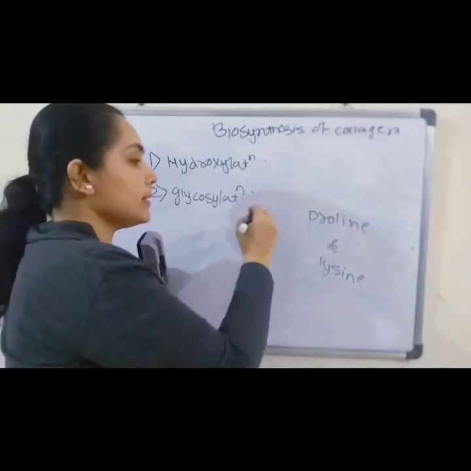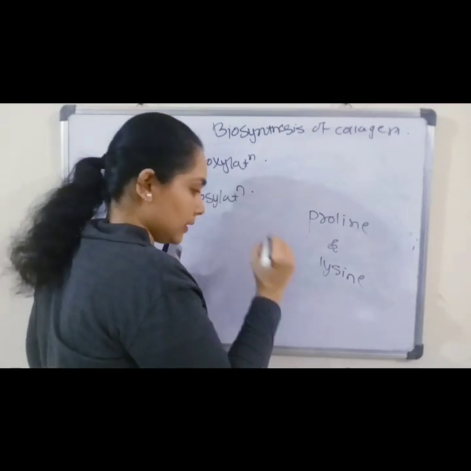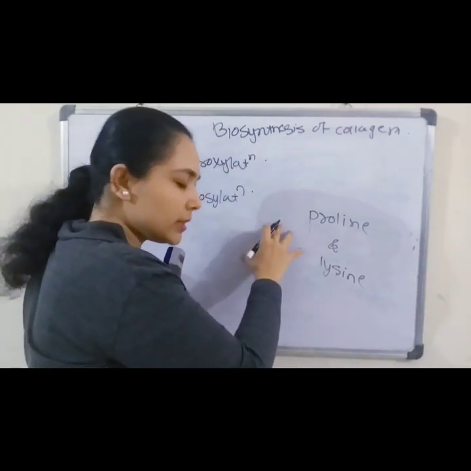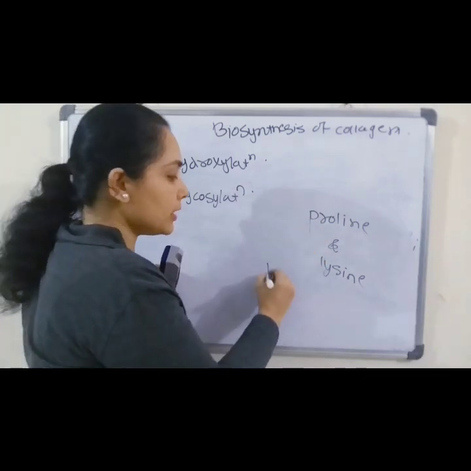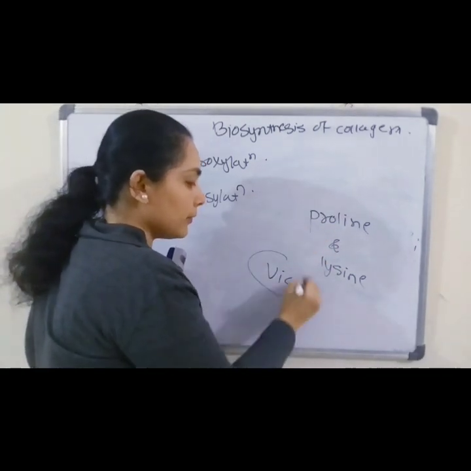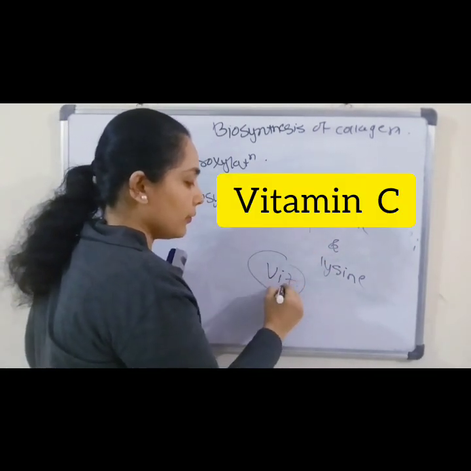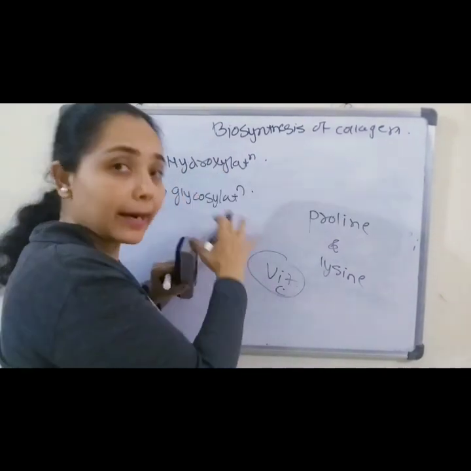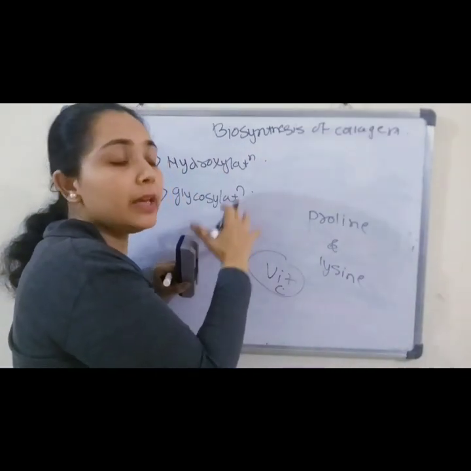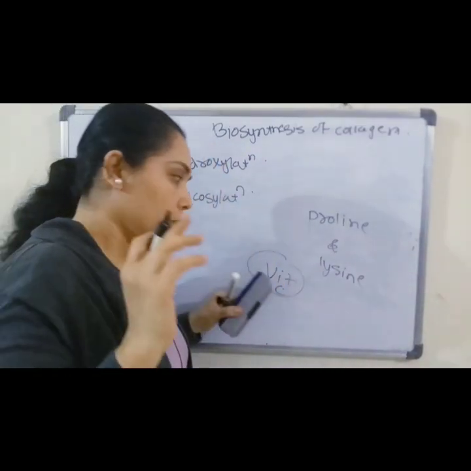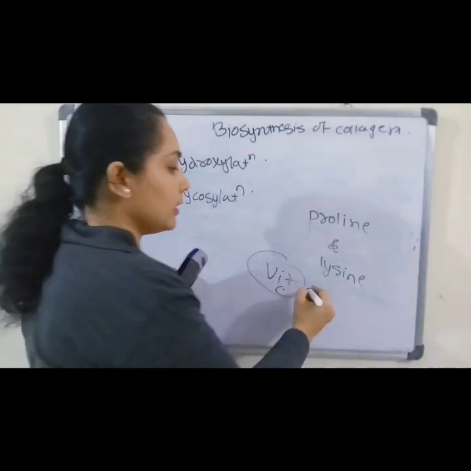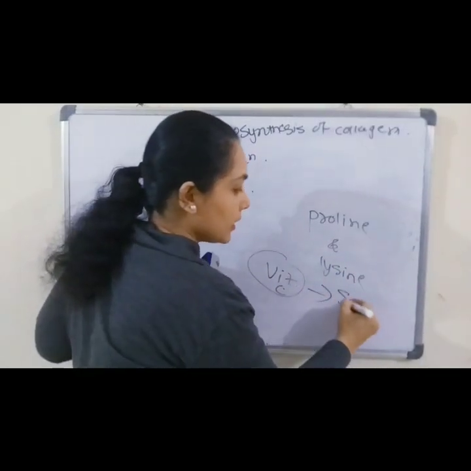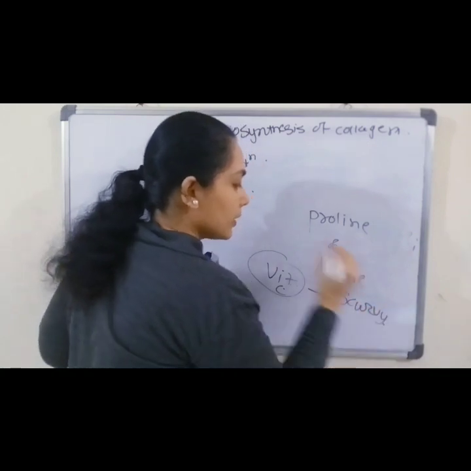For this process, hydroxylation, to take place, vitamin C is required. Vitamin C is very important for this step to occur. Therefore, due to the deficiency of vitamin C, there can be one disease that is known as scurvy.